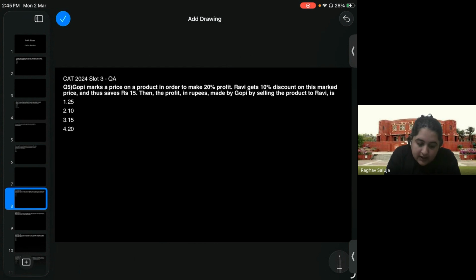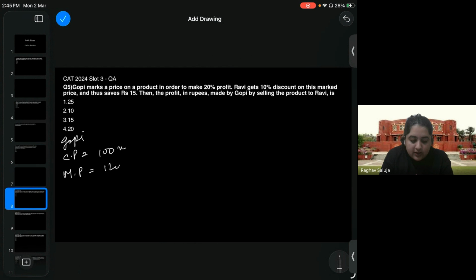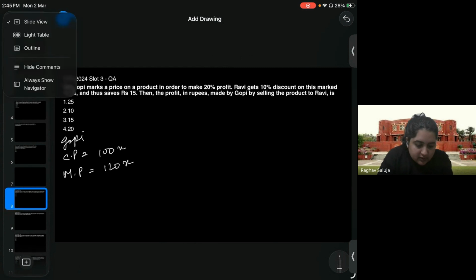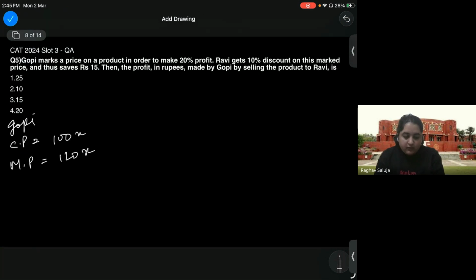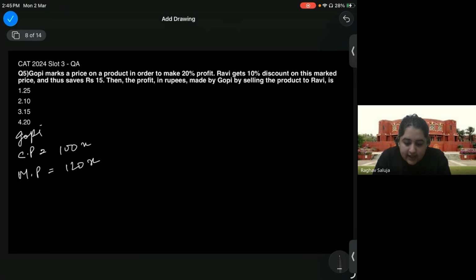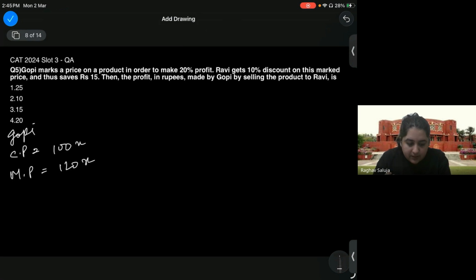Gopi marks a price on a product in order to make 20% profit. So for Gopi, I will say that my cost price was 100x, and she marked it up at 20% profit, so it is going to be 120x. Ravi gets 10% discount on this marked price.